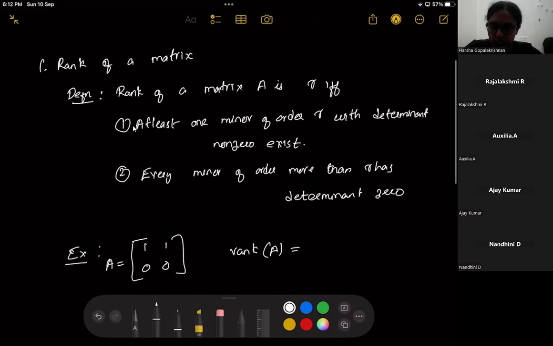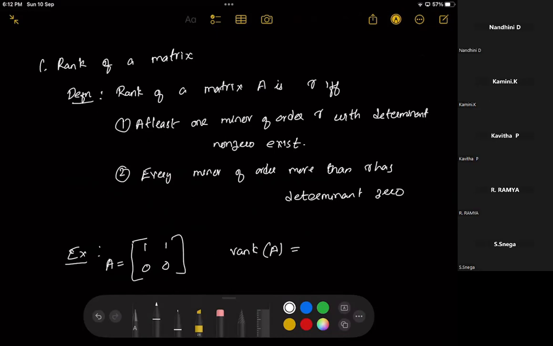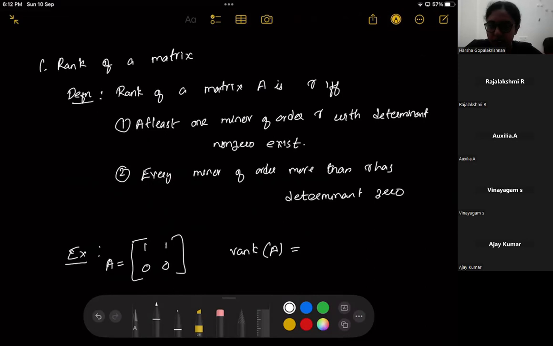First, it says at least one minor of order R with non-zero determinant exists. One case, if R is the rank, is this one.